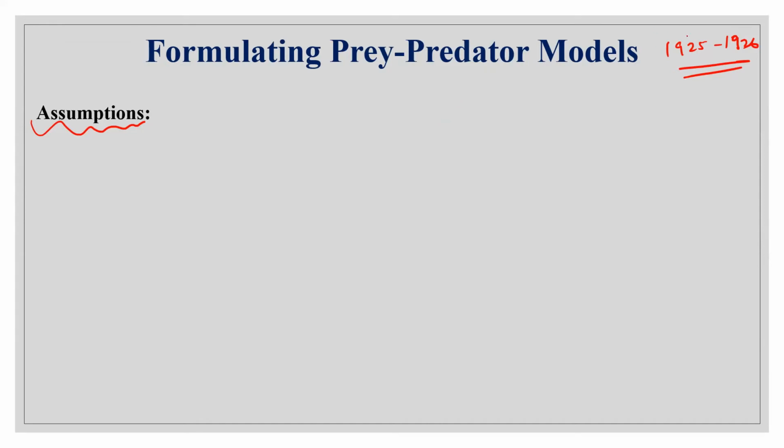What are the assumptions they considered? They considered that the system is closed. Now what does this closed system mean? That there is no immigration and there is no emigration. That is, nobody is going outside this environment and nobody is coming in. So they have considered a closed system, right?